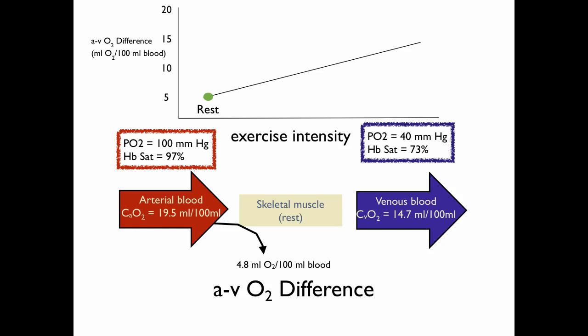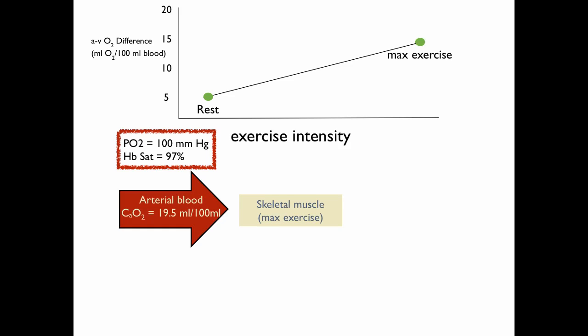So we're going to now do exactly the same calculation, but look at how we derive the AVO2 difference during maximal exercise, which is about 15 mLs of oxygen per 100 mLs of blood. There's going to still be the same amount of oxygen being delivered in the systemic artery during exercise, unless we've gone to high altitude or we have some lung dysfunction, but we're talking about a normal, healthy male here.